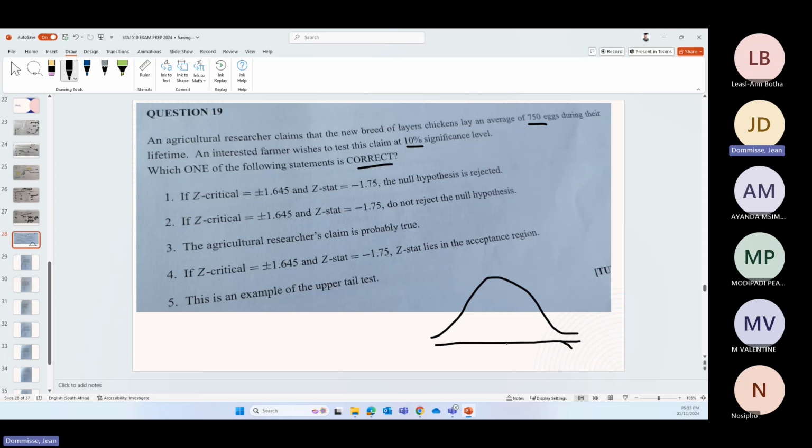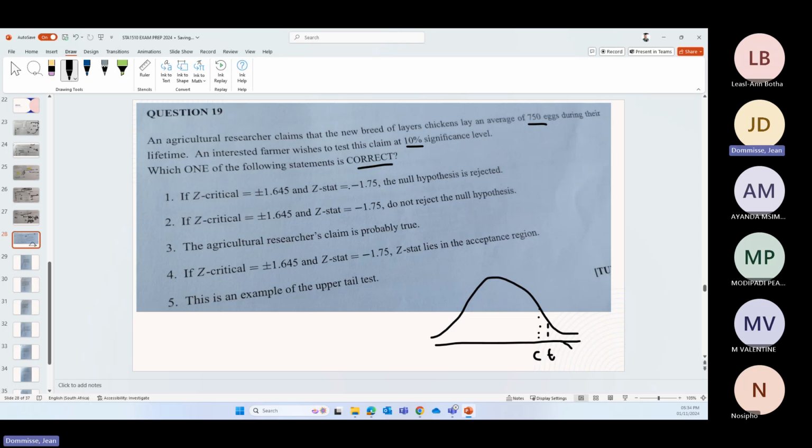So then from study unit 7, 8, where we looked at hypothesis testing, study unit 9. Okay, so if that is the t-stat, that is the critical value.